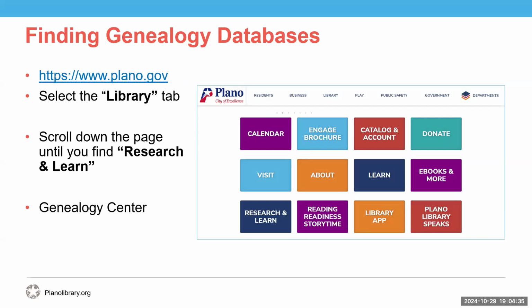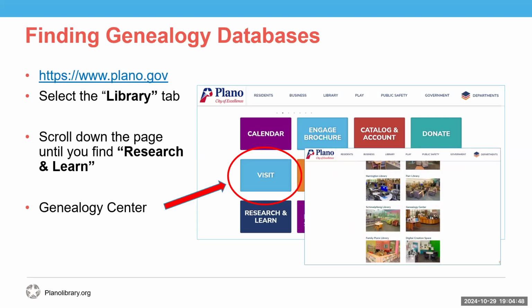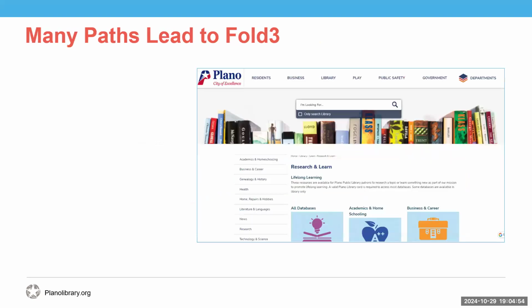Or from that library tab, you can select the Genealogy Center under the Visit list. So multiple pathways get you to the same objective. So many paths lead to fold3.